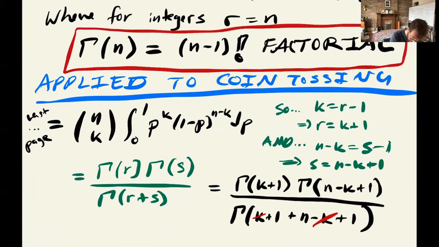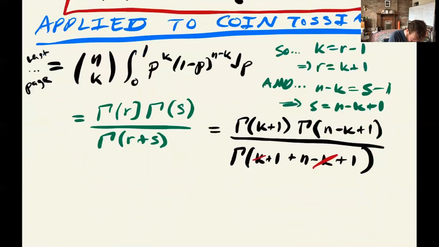And now I need to use the fact that when I look at something like gamma of n plus 1, that's just n factorial. So gamma of k plus 1 is going to be k factorial. And this is n minus k factorial.